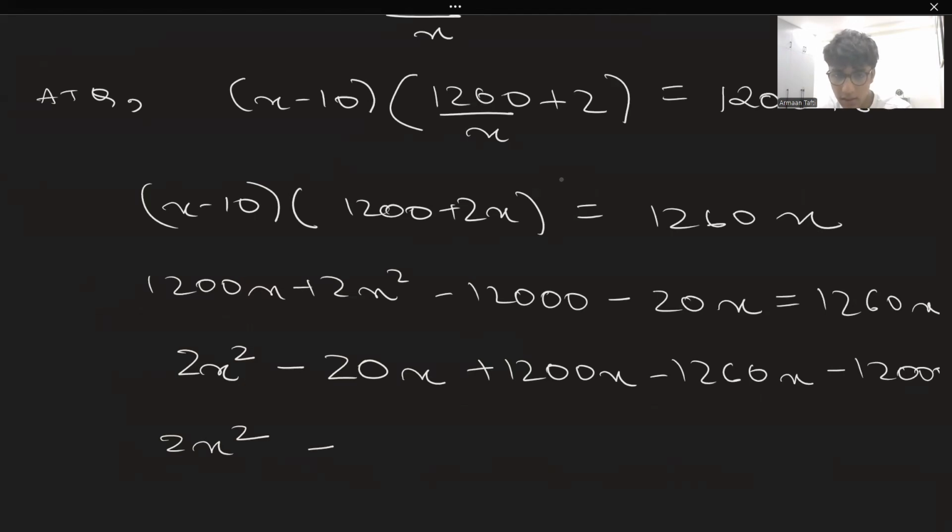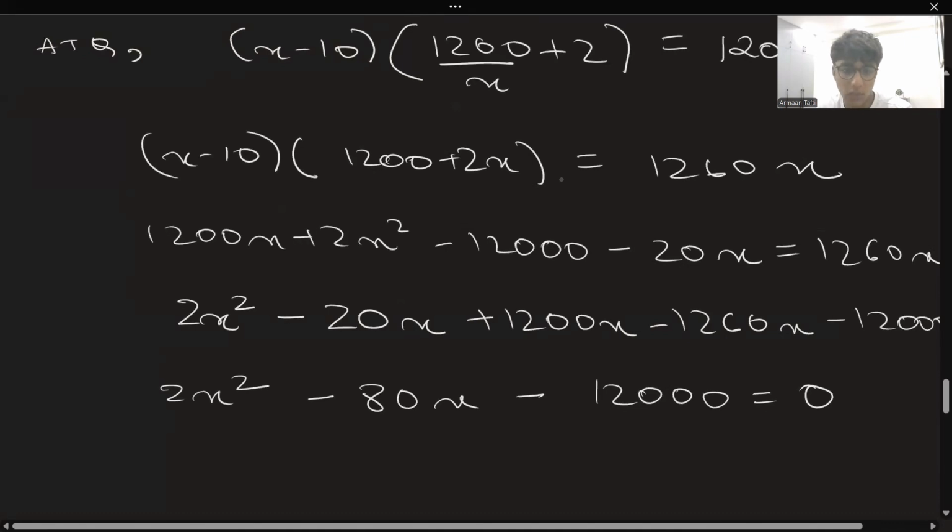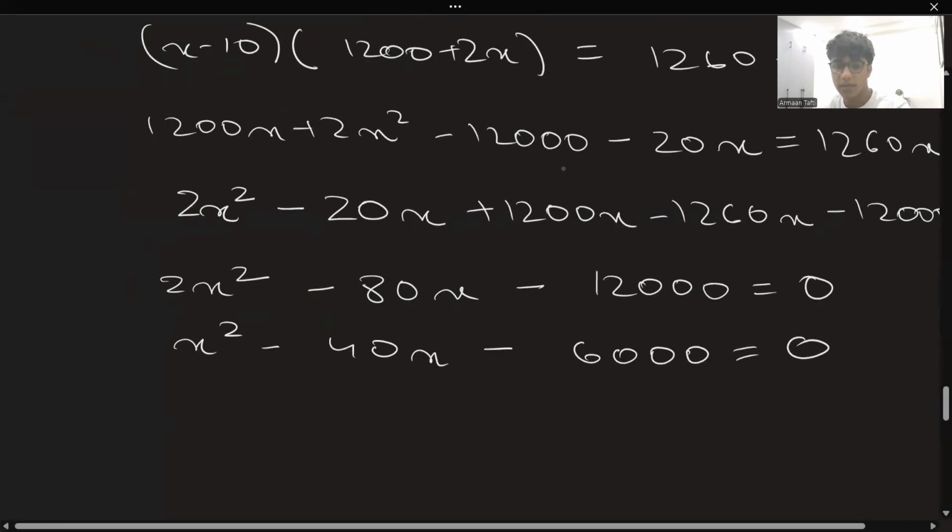So I think you get a minus 40x here, right? No, wait, what? Minus 80x, if I'm not wrong. That becomes minus 1280, and that's 1200 minus 80x minus a total 12,000 equals 0. Divide the entire thing by 2 because you see a common term: x square minus 40x minus 6,000 equals 0.